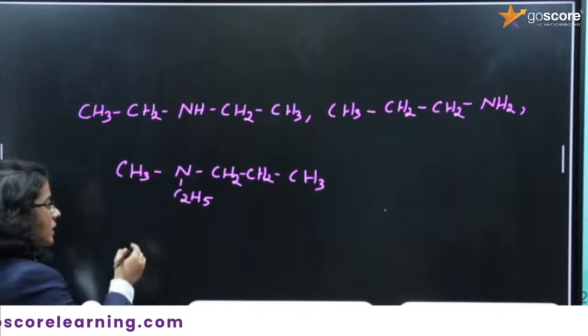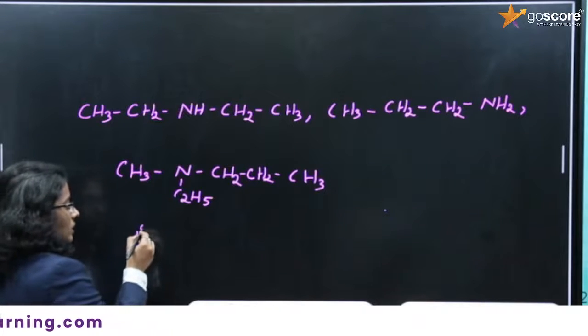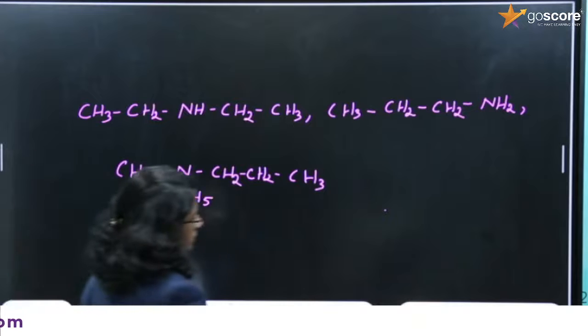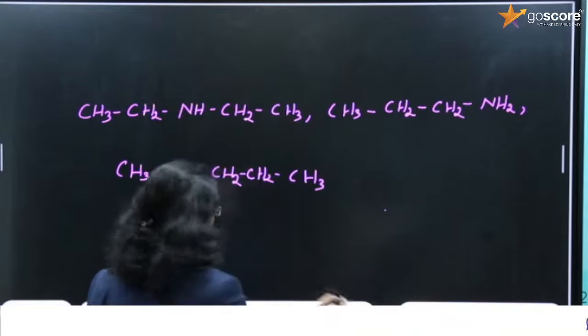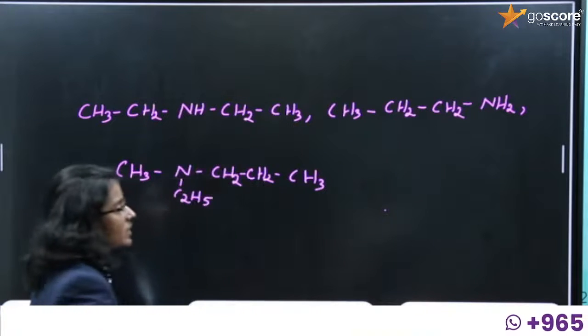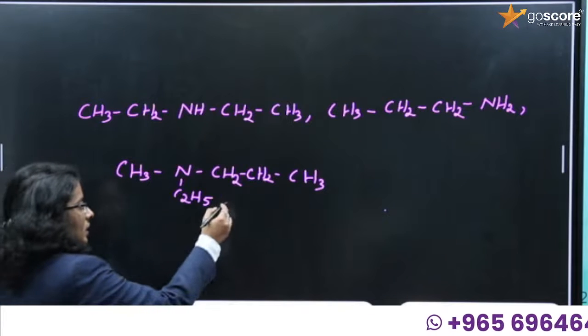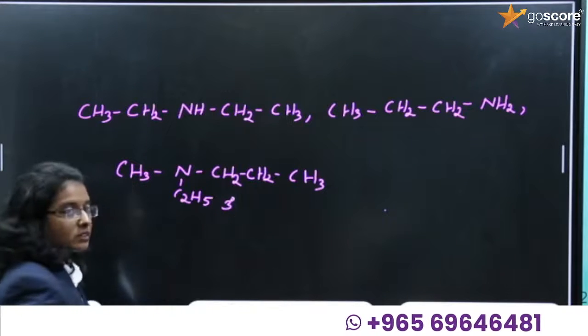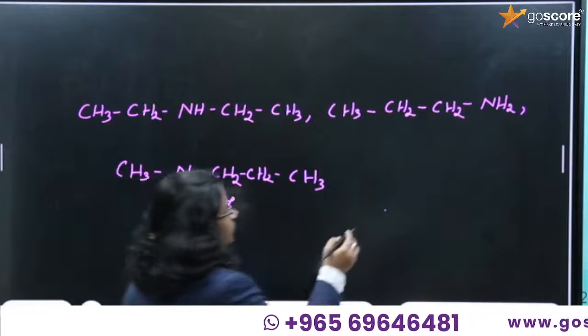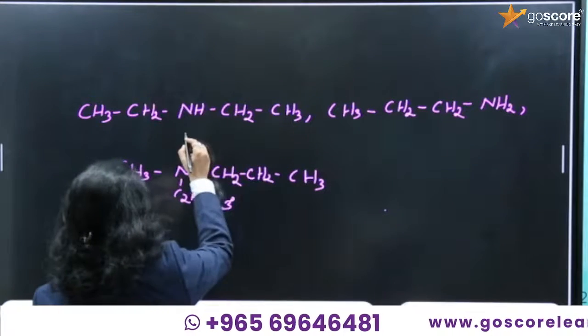So now we discuss the order for isomeric amines. Which one has the least? Tertiary amine. So tertiary amine will come first, then secondary amine.